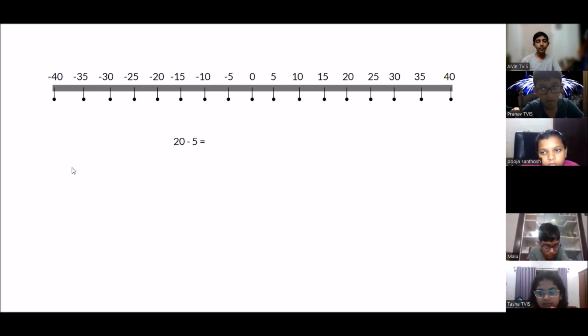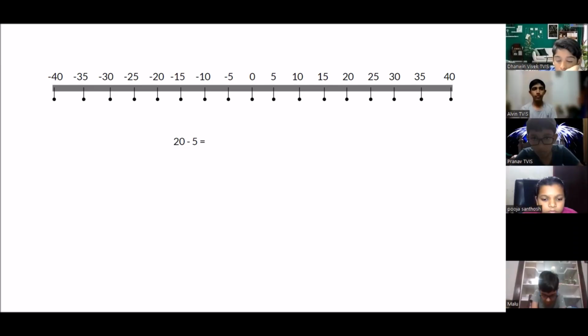So when you say 20 minus 5, what does it mean? Sanna, when you say 20 minus 5, can you tell me what is a real life scenario? With the money terms. You have 20 rupees and you are going to shop, right?